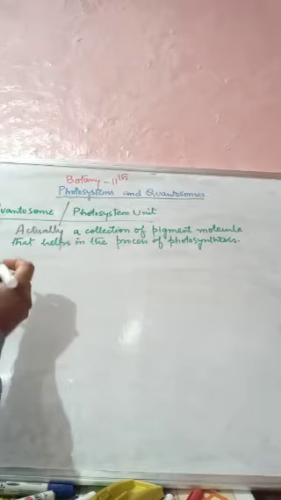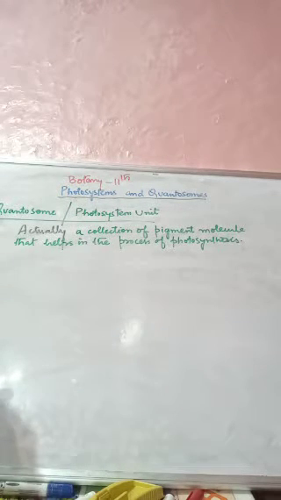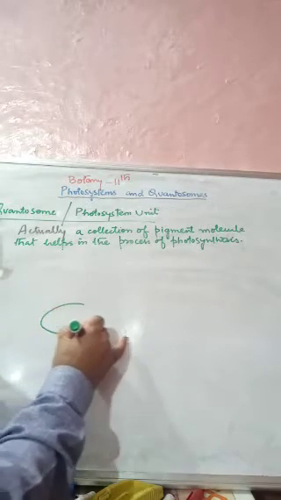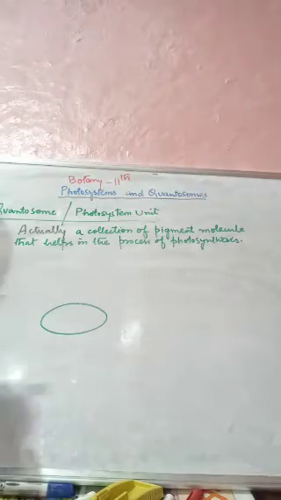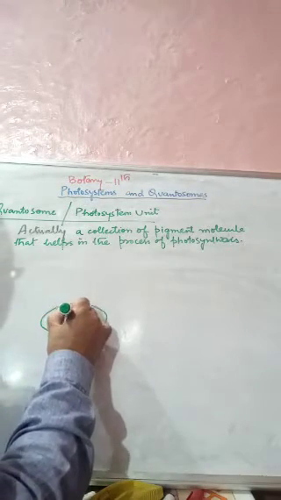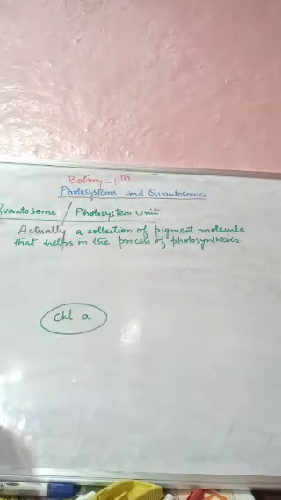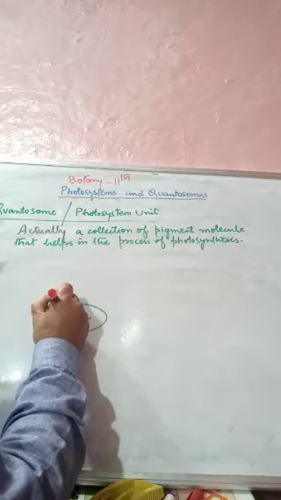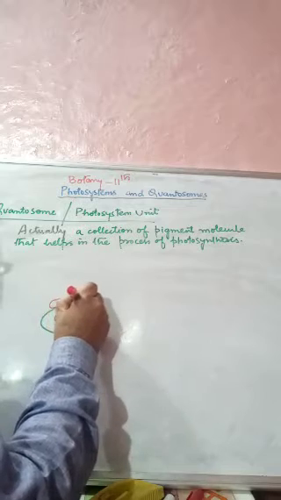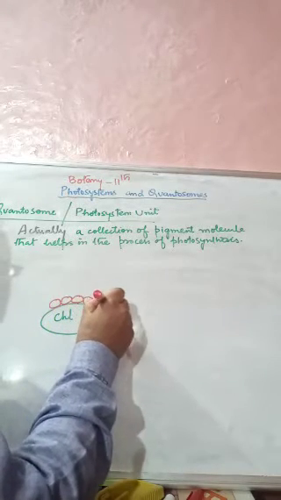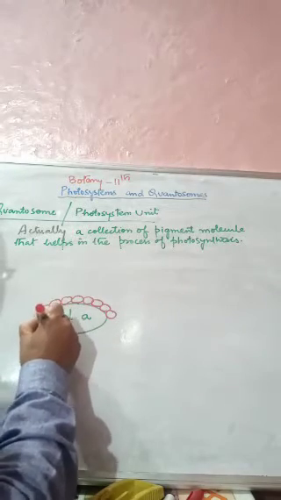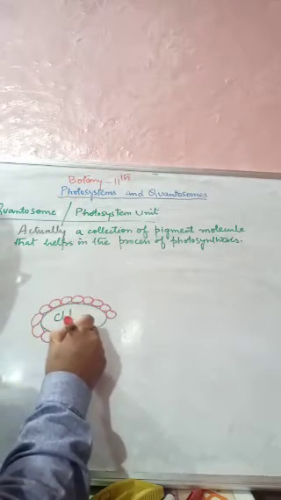Now, this unit has a chlorophyll like this, and that is actually chlorophyll A, and around it are other pigments like carotenoids, phycobilins, chlorophyll B, chlorophyll C, D, E, like this.